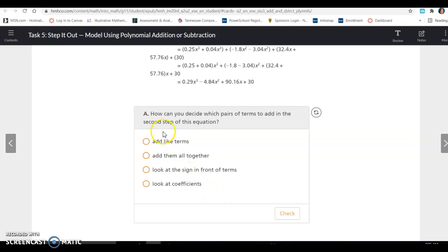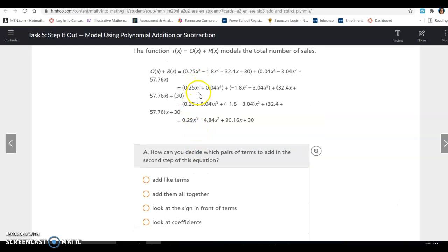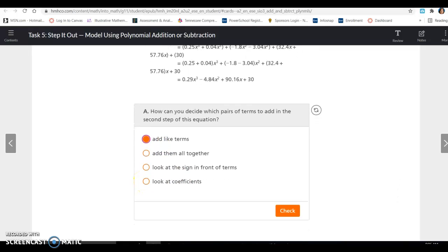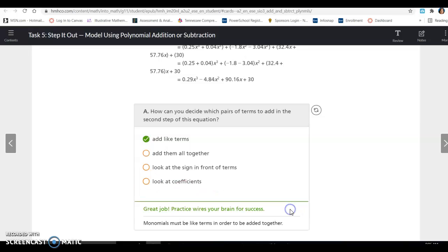So question 1 says, how can you describe which pair of terms to add in the second step in this equation? All right, so how do you figure out which ones to add together? The ones that have like variables or like terms. So add all like terms, add them all together, look at the sign in front of the term, look at the coefficient. So you're going to add the like terms, which means they have the same variable with exponent.